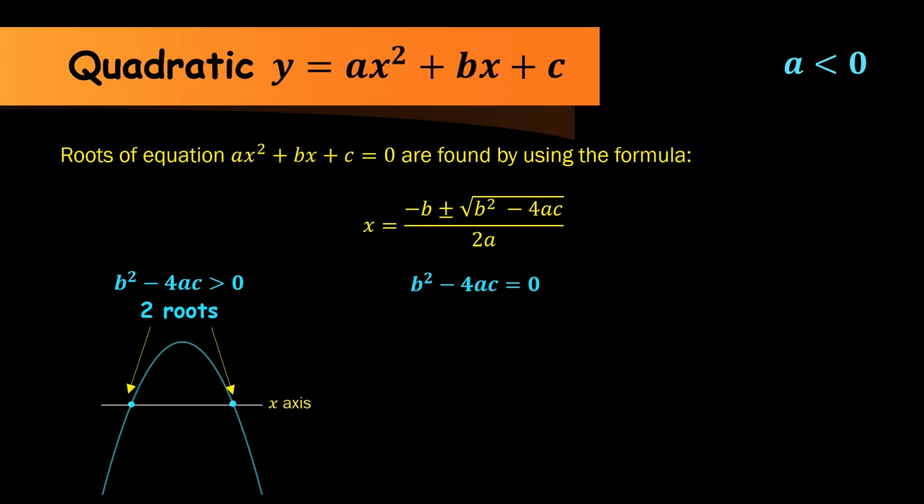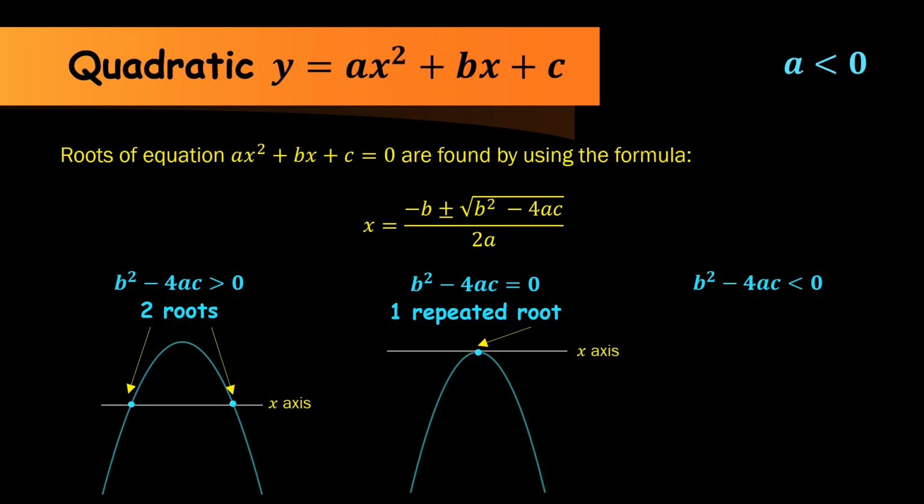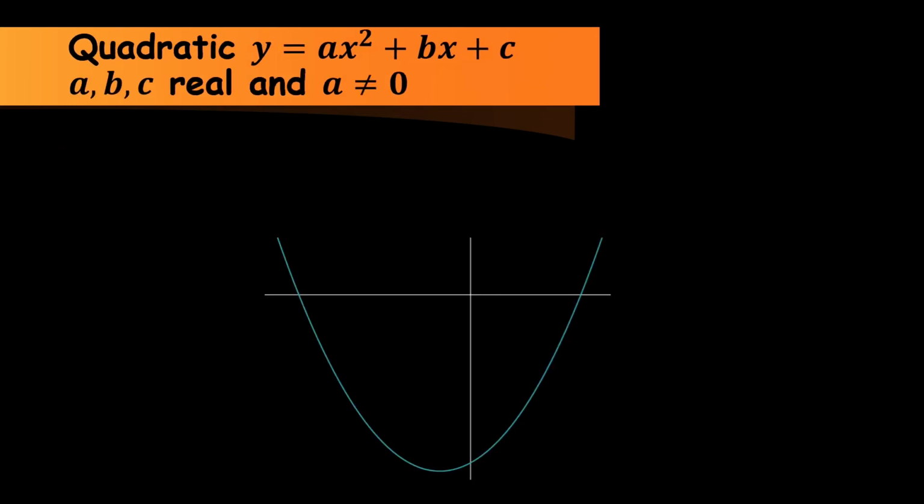And when b squared minus 4ac is less than 0, we have no roots. In order to plot our quadratic equation, we need 3 or 4 key points. We need the x-intercepts and the y-intercept, i.e. when x is 0, what is y? And we need the axis of symmetry.